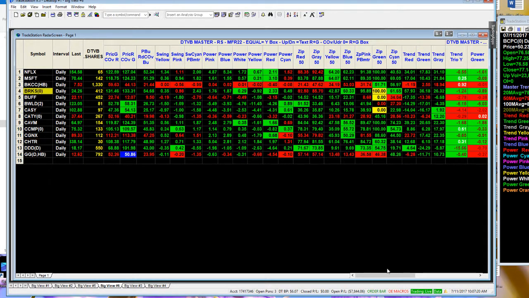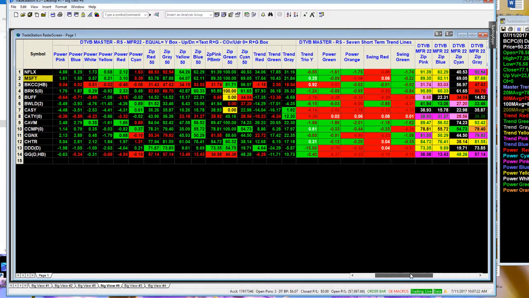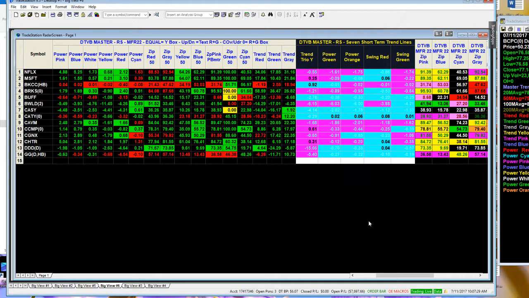Now, another column that we have, another super indicator, is the 7 short-term trend lines. There are 5 columns in it. I used the trend yellow to indicate the trend trio column. All of them go up at the same time.